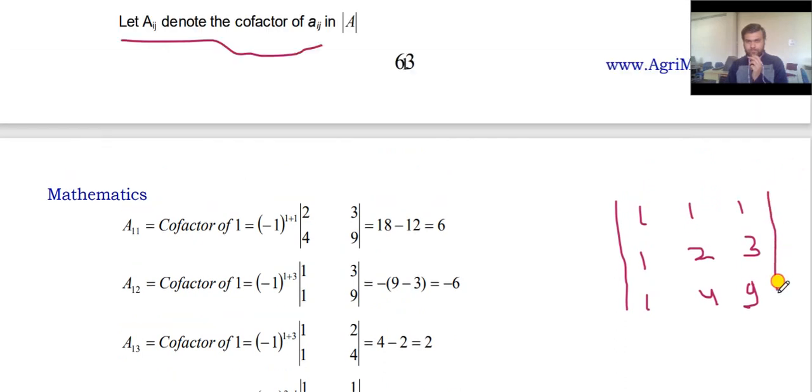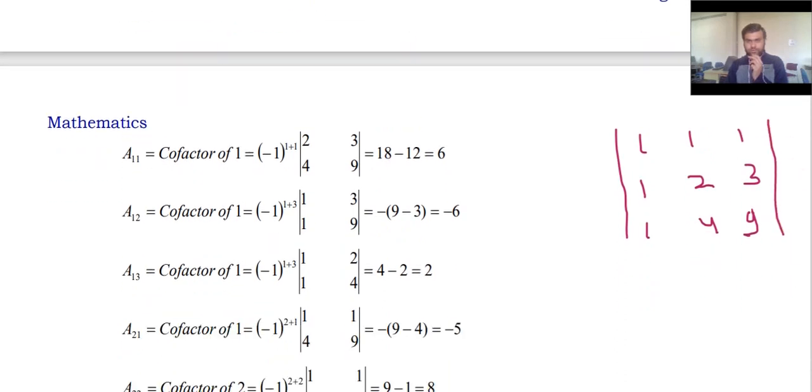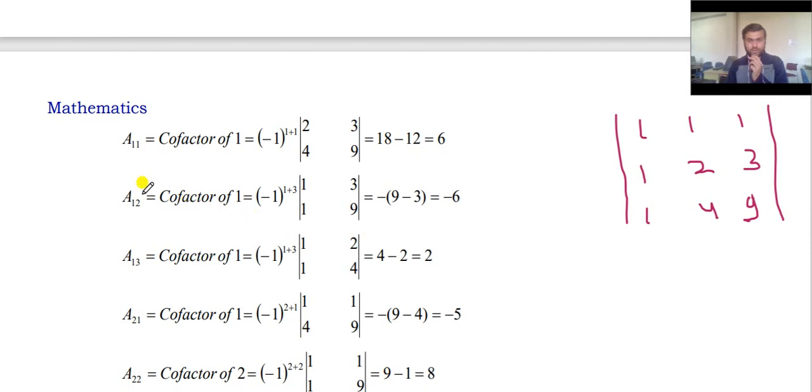Okay, so this is our given matrix. So here it is given A11, A12, A13. The first letter denotes the row and the second letter denotes the column. So first row and first column. This is the first row. First column, this is the first column.